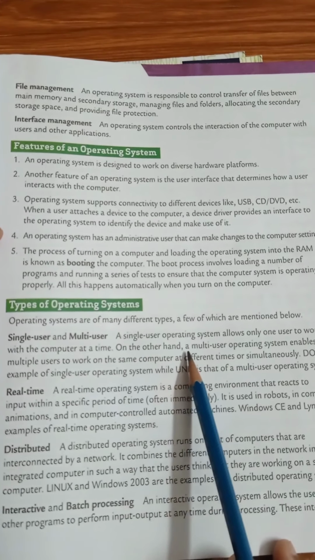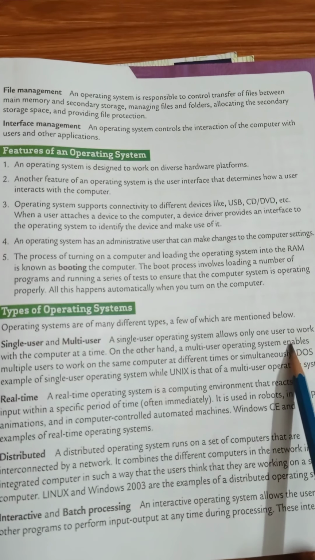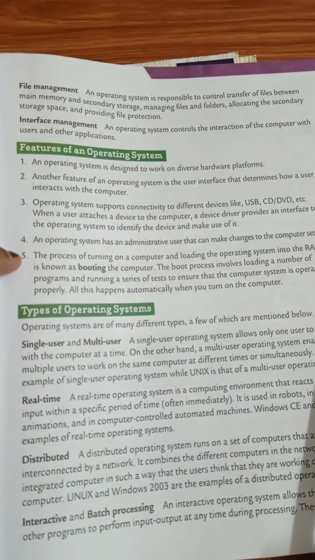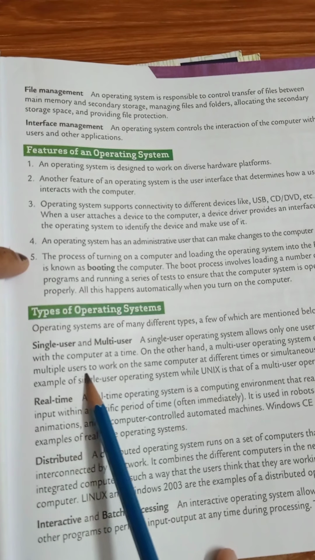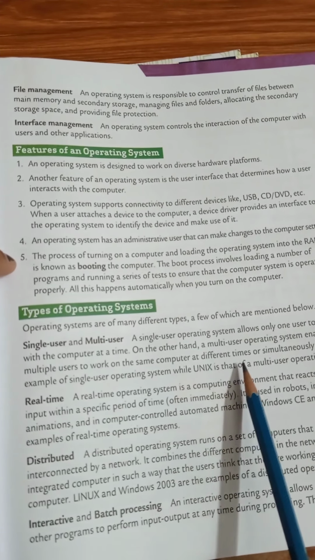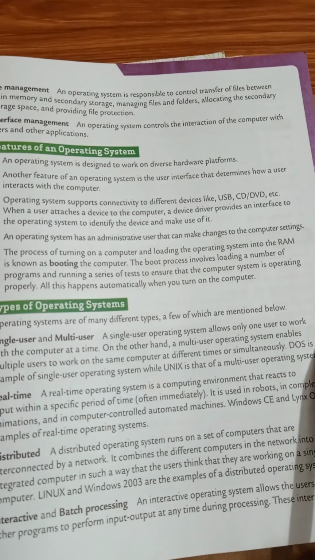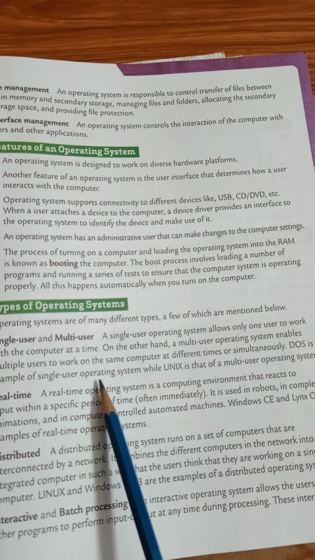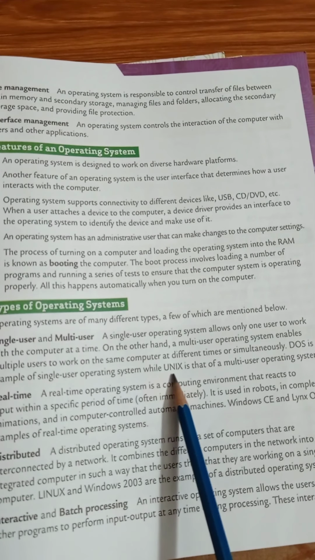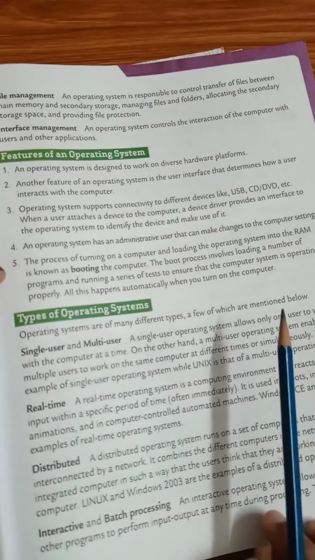On the other hand, a multi-user operating system allows multiple users to work on the same computer at different times or simultaneously. DOS is an example of a single user operating system and Unix is an example of a multi-user operating system.